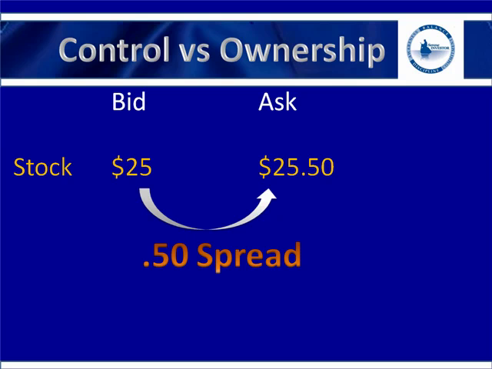It does not mean you can't trade stocks with bigger spreads. I do, if I know something about it, or if there's a purpose behind why I'm doing that. But I also know going in that I have to make up that spread. So if I have a $1 spread or a $1.50 spread, I know that stock has to move $1.50 before I even break even. I'd rather have it move 2 cents to make that spread tight so that I don't have so much risk in the trade.